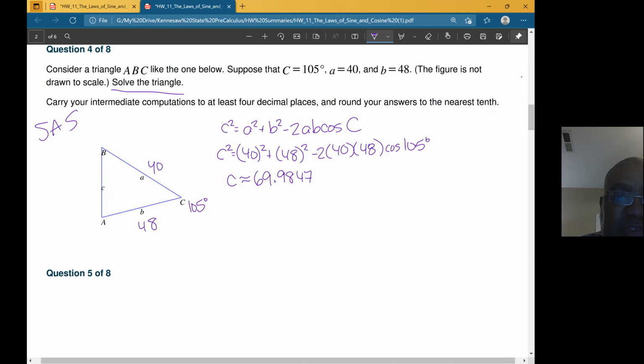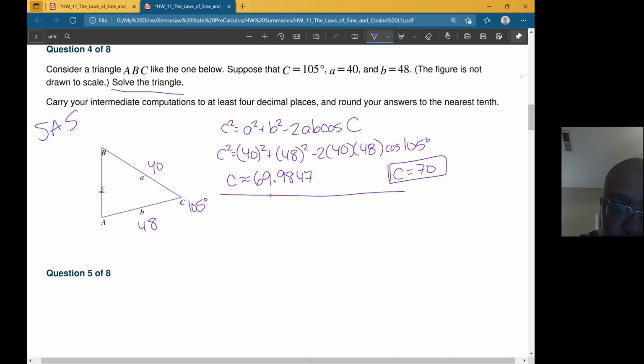We'll leave it to 4 decimal places for our calculations, but the answer, C rounded to the nearest tenth, is 70. This is the one we're going to use to do our calculations, because now we are going to do law of sines, because we now know what little c is.